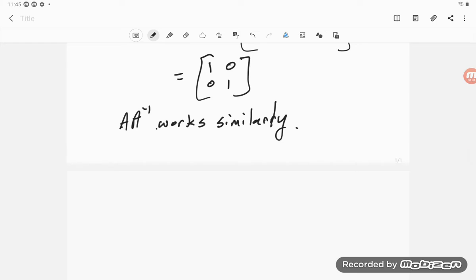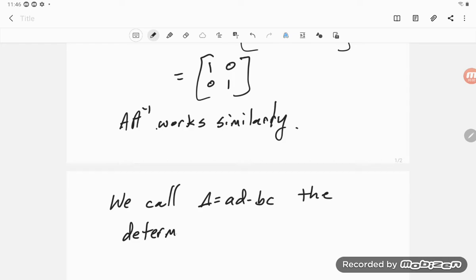And so, because of this nice property, we call delta equal AD minus BC the determinant of A, our matrix A, because it determines whether A is singular or non-singular.